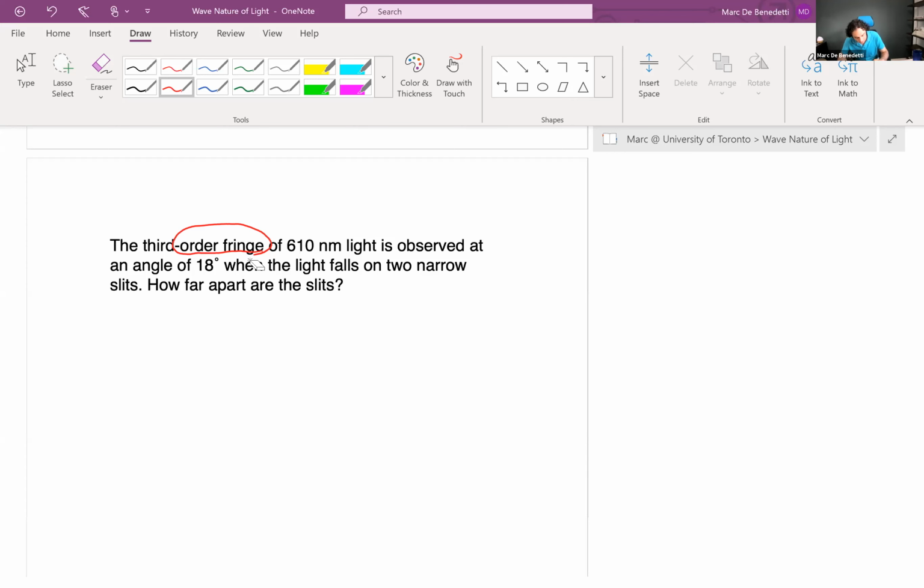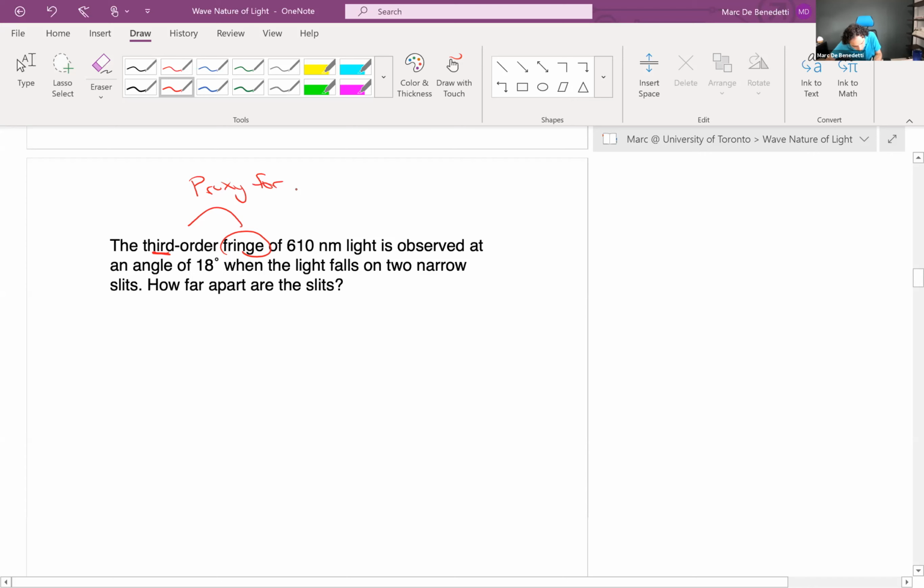So the fringe number here is a proxy for the m value. If you know something about the fourth fringe or the third fringe, that inherently tells you the value for m.